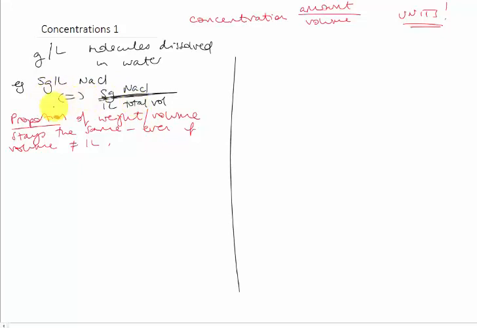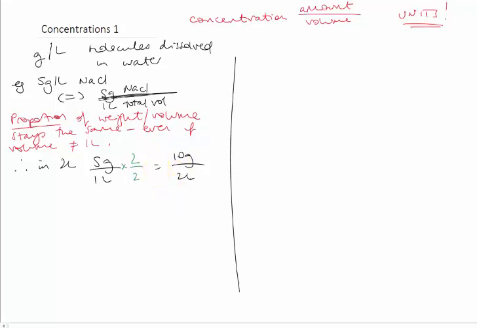So if we've got this 5 grams per litre solution of NaCl, then in 2 litres, for example, we've got 5 grams in 1 litre, and we want to know 2 litres, so we're multiplying that by 2, but then we've got to multiply the top by 2 as well, so that the whole expression stays the same, because this proportion needs to remain the same. That gives us 10 grams in 2 litres.